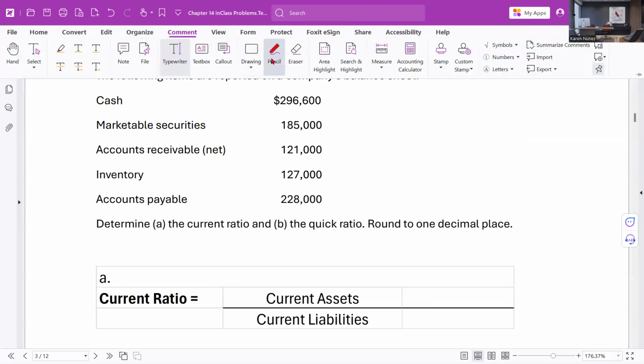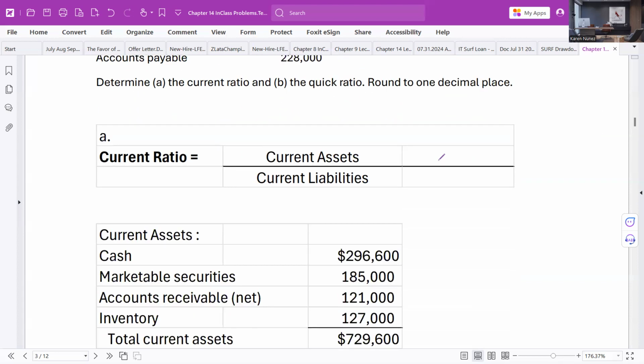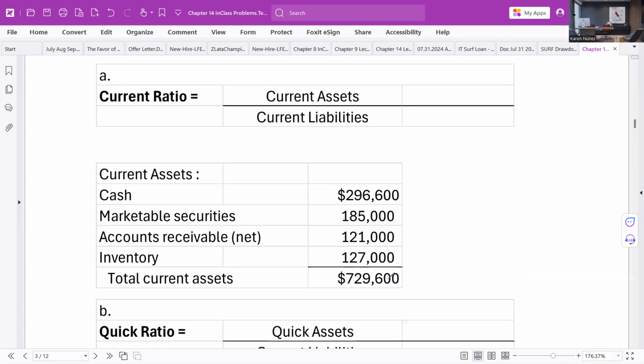So if I can just highlight what I've done, all of these represent those current assets, right? I've summarized and put the total down at the bottom. All of these current assets sum to a total of $729,600.